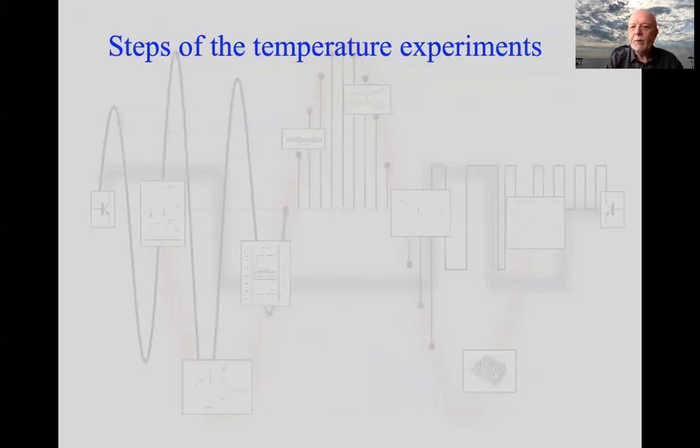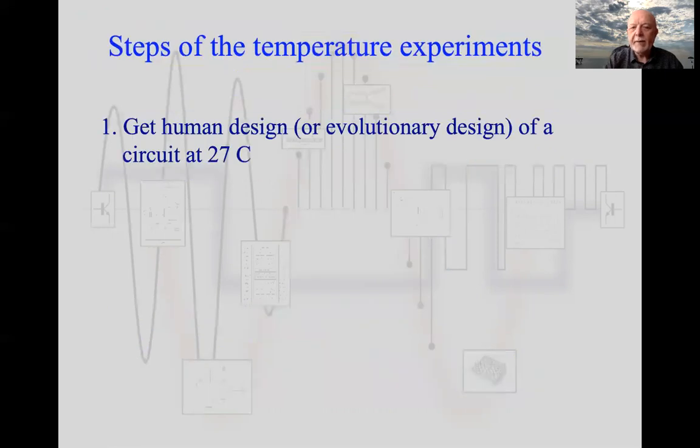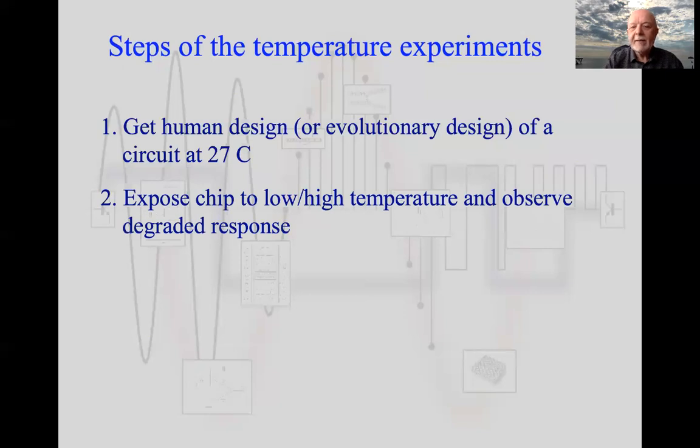So the steps for doing these experiments were, first of all, to get a human design at room temperature, or it could in fact be an evolved design at room temperature. It could have been either of those; in some respects that doesn't matter so much in this instance. They then exposed the chip to a fairly large range of temperatures and observed the response, which generally decayed because of the reasons we know with the transistor.